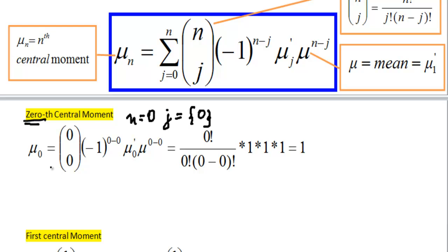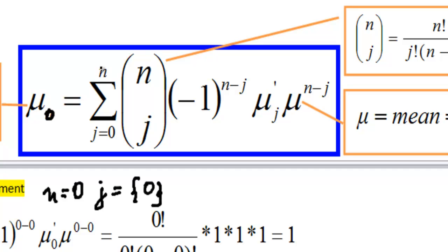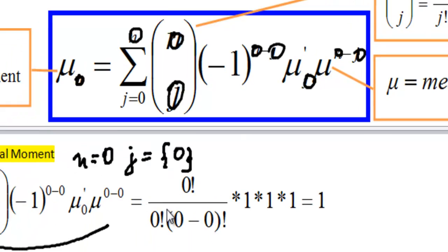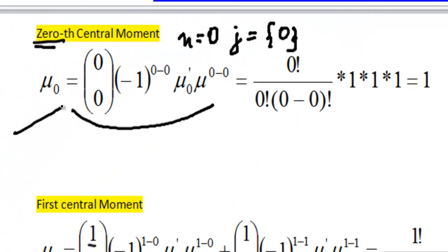So all you have to do is replace n with 0 here, here, and here, and replace j with the value of the integer it's taking. Because we have only one value for j, it's going to be 0 here, 0 here, 0 here, and 0 here. By doing so, you will get something like this, where the binomial coefficient evaluates to 1.